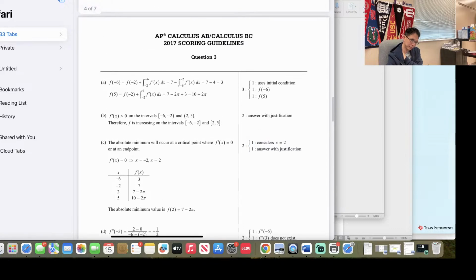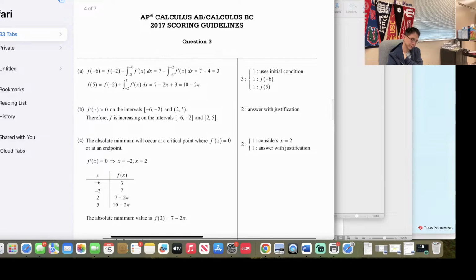Do you see that? When they're asking things and they give you a value, they're always going to give you a given, and you're always going to use that given in yours. You can't use anything else. Do you see that? This is the scoring guideline. Use initial condition after 6.